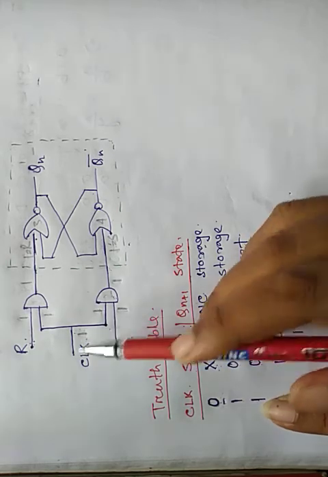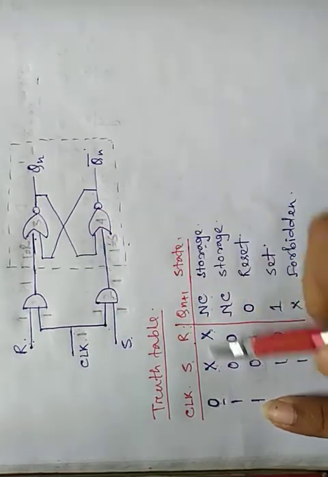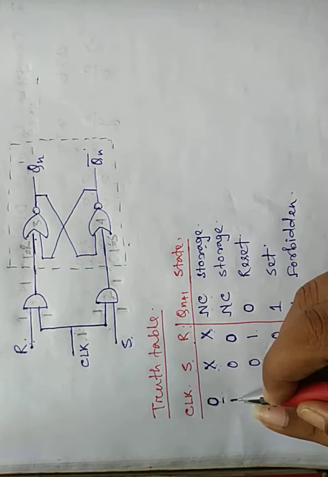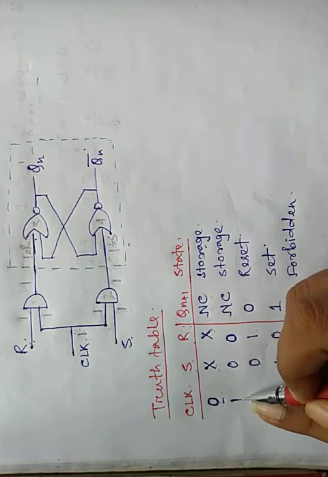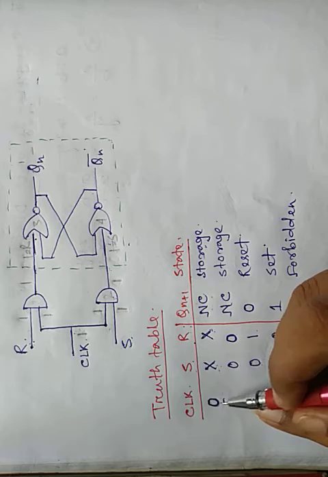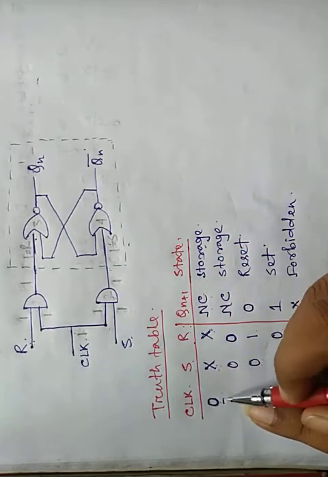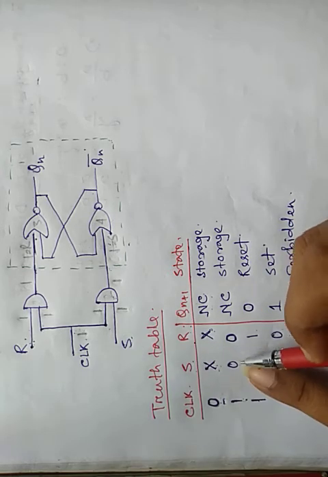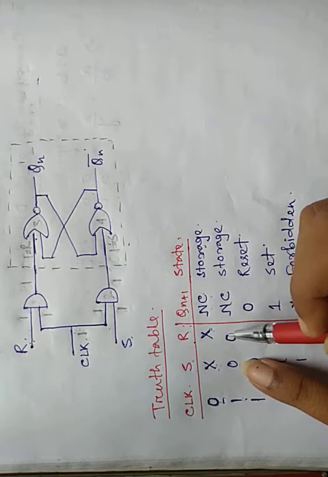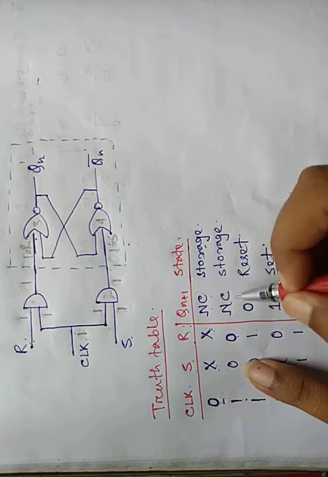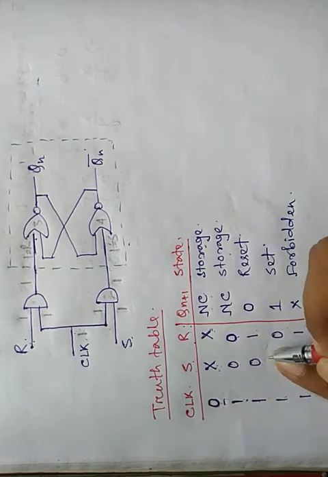Now, in order to activate the flip-flop, we have to raise the clock from 0 to 1. So now the clock's value is 1. When the clock value is 1 and S and R are both 0, the output is storage, no change.